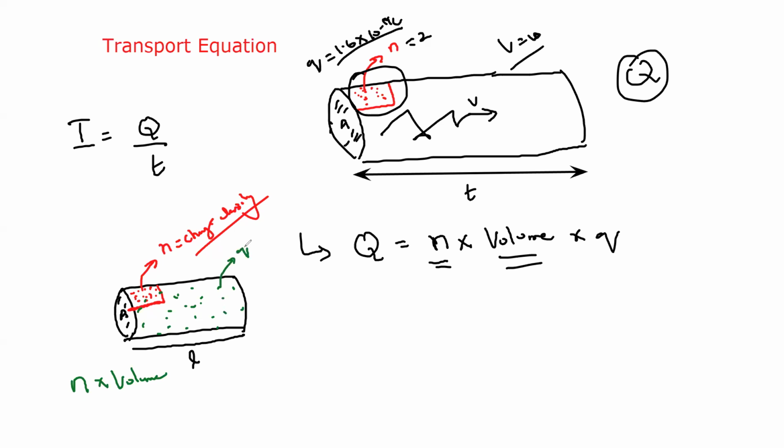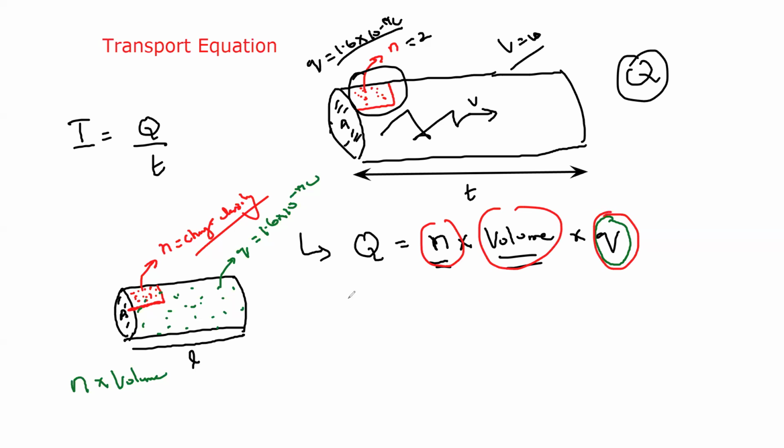Each charge has a value of q because these are electrons, which is 1.6 times 10 to the power minus 19 coulombs. That is the charge of one electron. So if I need the total charge, I multiply by the charge of an electron, q, or you can also use the term E. So Q will be equal to the charge density times the total volume times the charge of one electron.